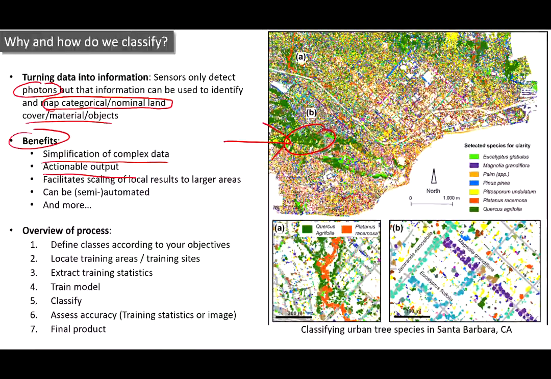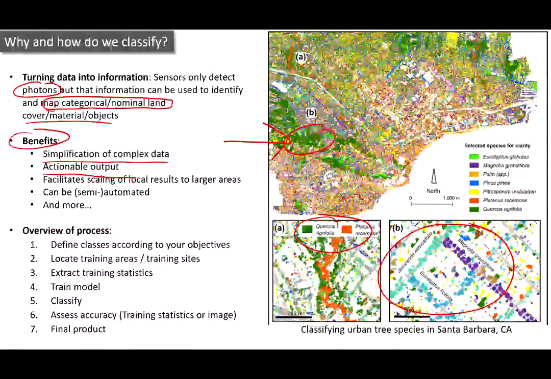For this map over here, I can now very easily tally up all of the native tree species in Santa Barbara, these Quercus and Platanus trees, for example, and do some sort of spatial analysis on the planting patterns of eucalyptus and jacaranda. So it's actionable.